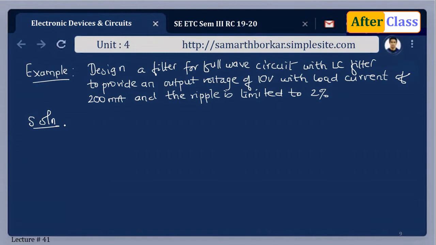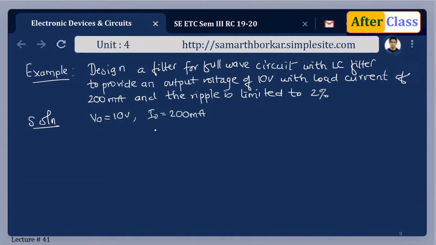Fine. So in this problem statement it is given as the output voltage V naught equals 10 volt and output current say I naught equals 200 milliamperes.